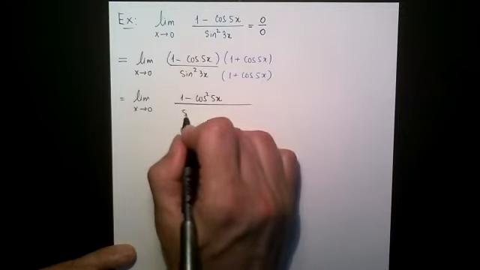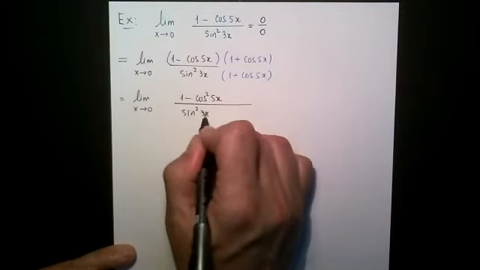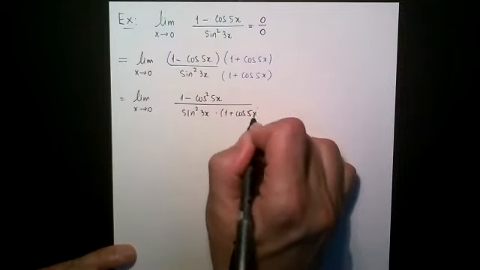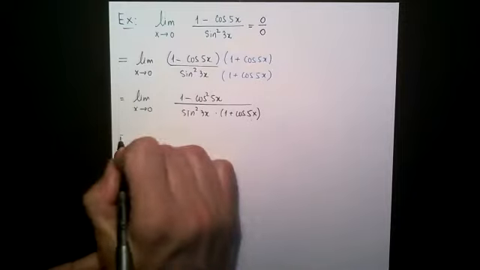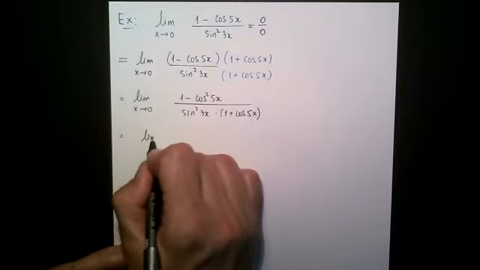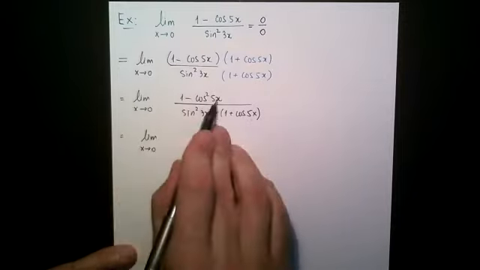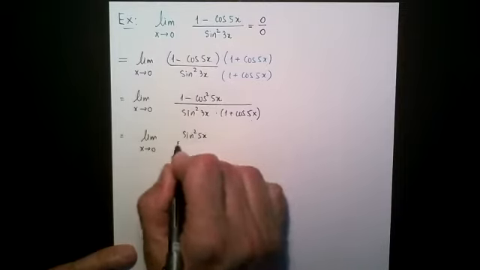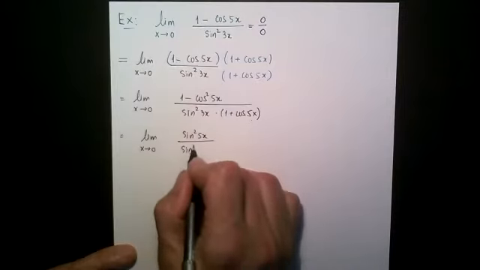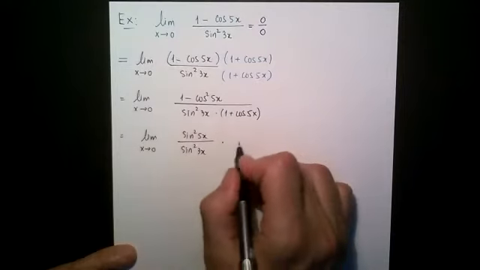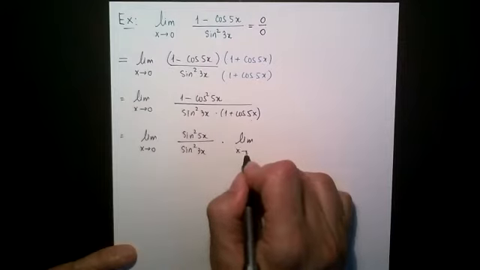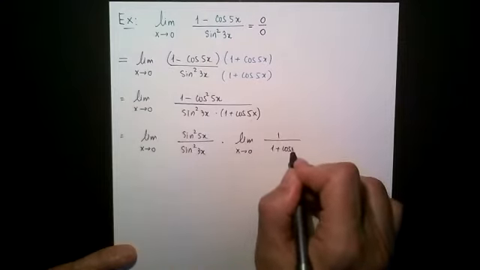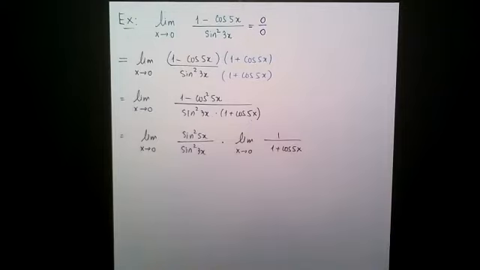And on the bottom, I will have sine squared 3x times 1 plus cos of 5x. So the top is going to be sine squared 5x. The bottom will be sine squared 3x times another limit for the remaining term, 1 over 1 plus cos of 5x.